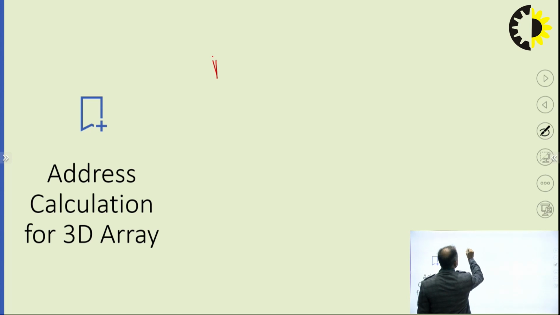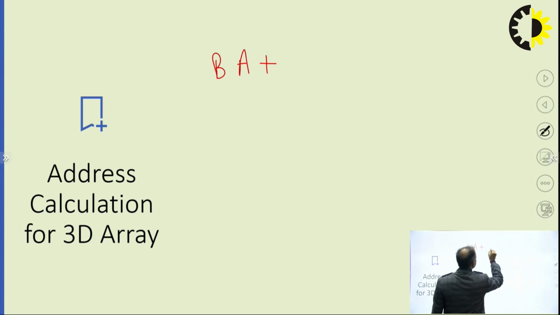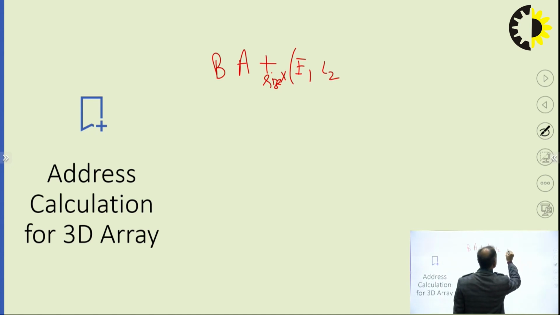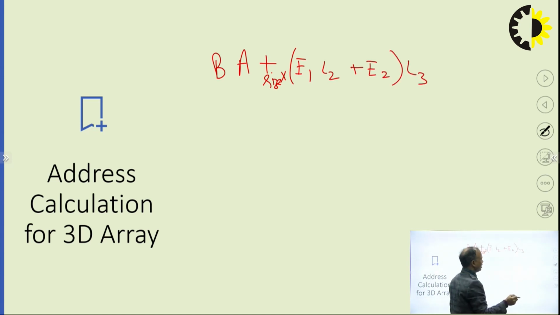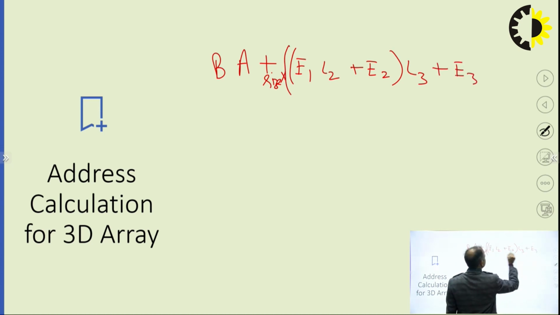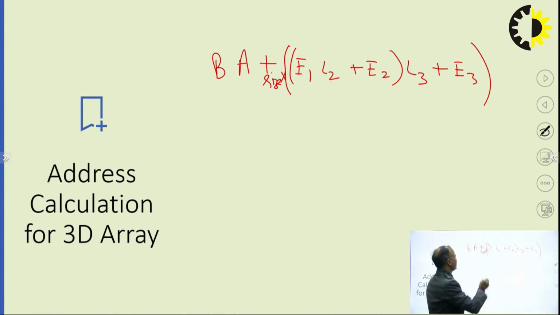Base address plus E1 L2, it should be multiplied by the size, plus E2, then the whole should be multiplied by L3 plus E3.